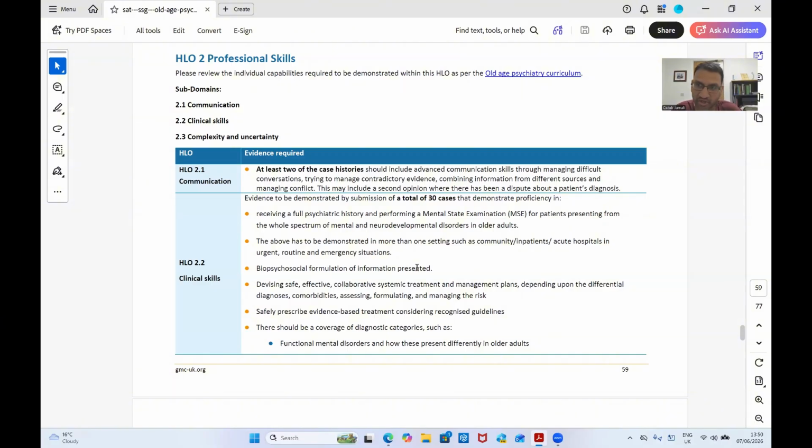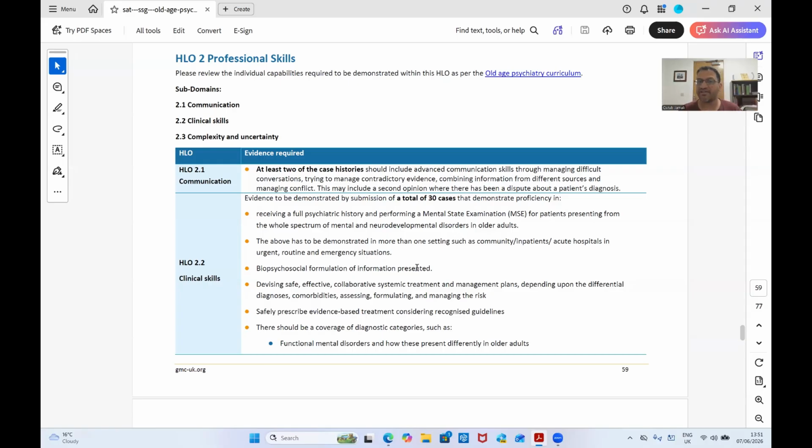Very important that you include frontotemporal, Lewy body dementia and Parkinson's disease, along with Alzheimer's, vascular or mixed. So you're including all of that. There could be a diagnosis of organic personality disorder. There could be a diagnosis of multiple system atrophy. So all these cases have to be included.